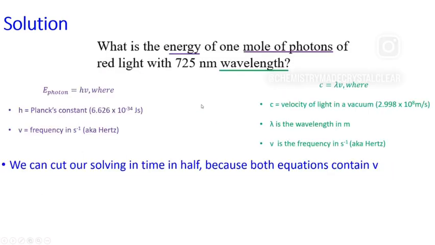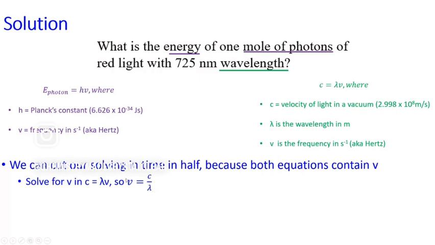to do. So here's a great little hack that'll help you solve this question in half the amount of time. Rather than having to solve for a number, plug it into another equation after you've solved it, let's note that in this equation for speed of light and frequency, I can divide both sides of the equation by lambda, so that nu is equal to c divided by lambda.